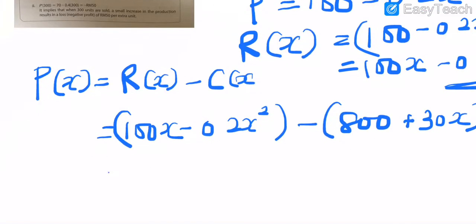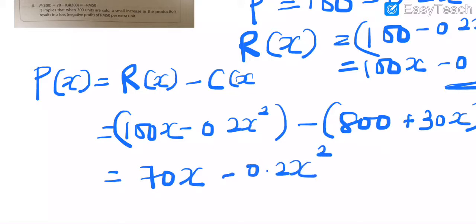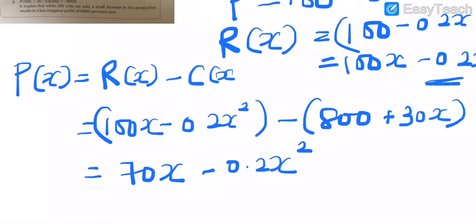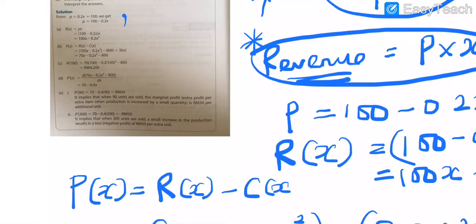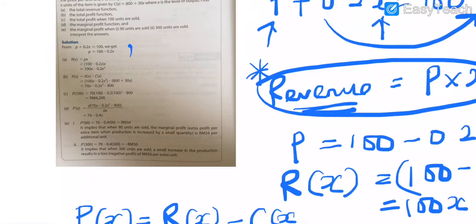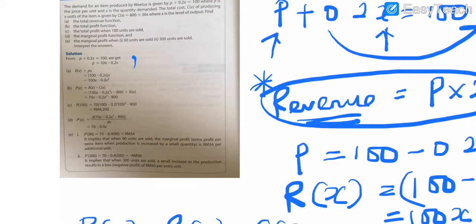So it is 70x minus 0.2x power of 2 minus 800. So this is your profit function. Then the total profit when x is 100.